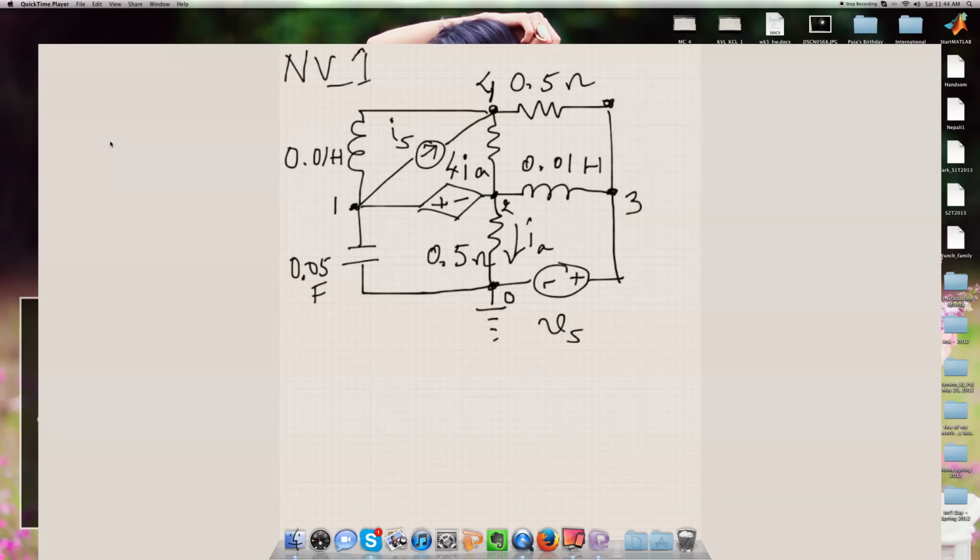On the left we have 0.05 farad capacitance, and above it we have 0.01 Henry inductance. So what is the task here? The task is to come up with a matrix that describes this circuit using the node voltage method.